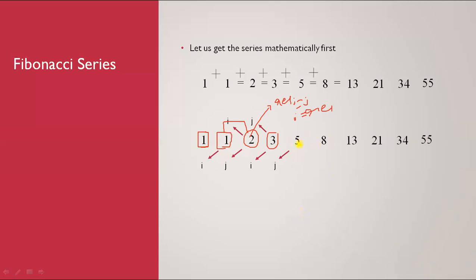So we need to be very cautious while assigning the values to I and J. That's where we have discussed swapping of two numbers.